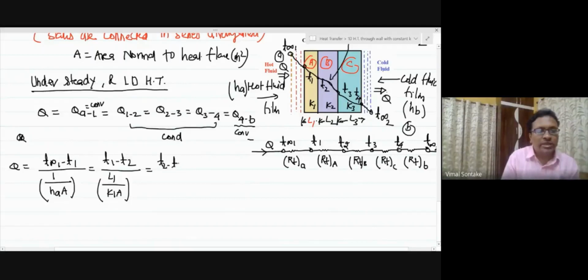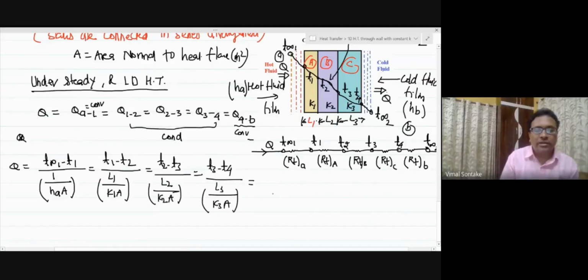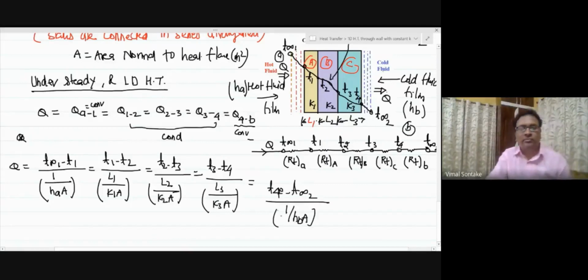T2 minus T3 over L2 over K2A, is equal to T3 minus T4 over L3 over K3A, and finally T4 minus T infinity 2 over 1 over HB into A. Nothing great.